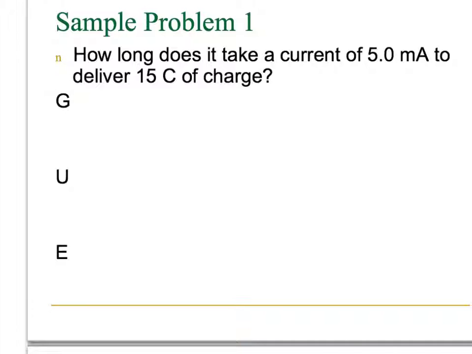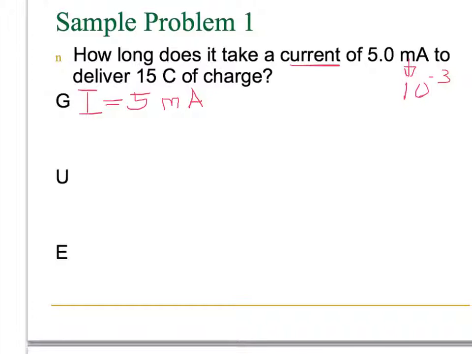So let us solve the problem using the GUESS method. So we are given the current, and current is represented by I. So we have in here 5 milliamperes. Milli is simply 10 to the negative 3.